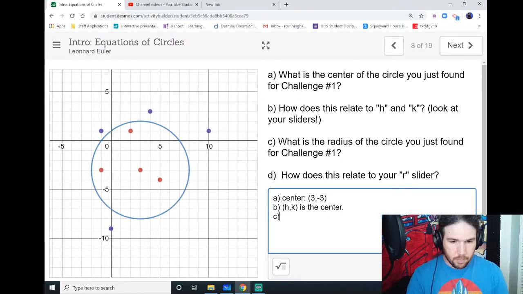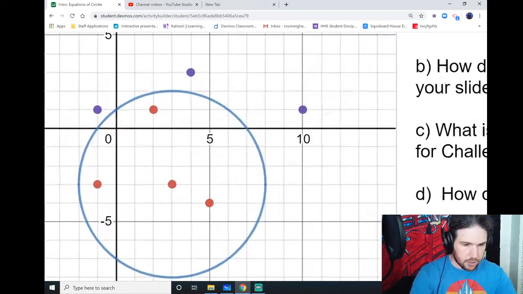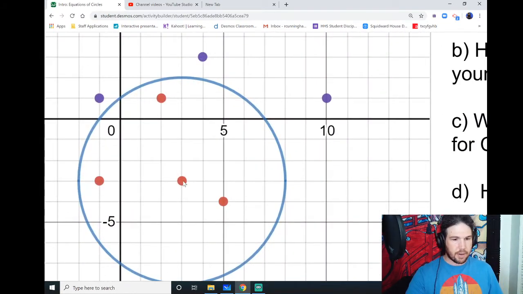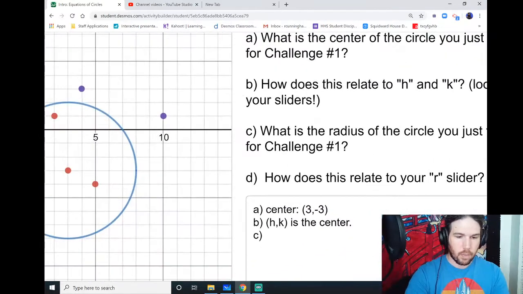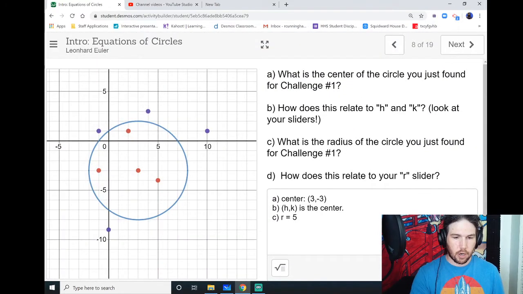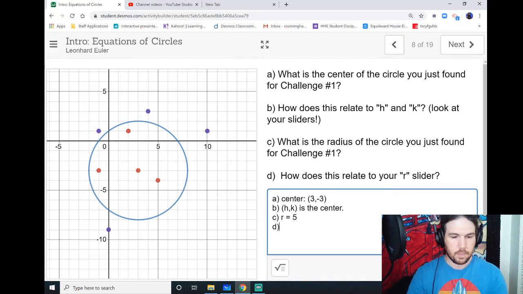Okay, C. What is the radius of the circle that you found? Let's see. Here's the center. All you got to do is count out in any direction. 1, 2, 3, 4, 5. So I've got a radius of 5. How does this relate to r on your slider? r was also 5 there. Let's double check that.